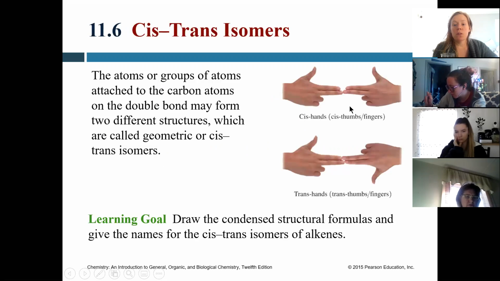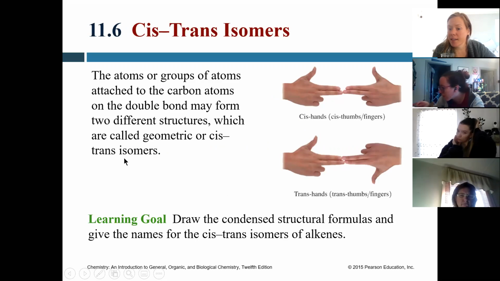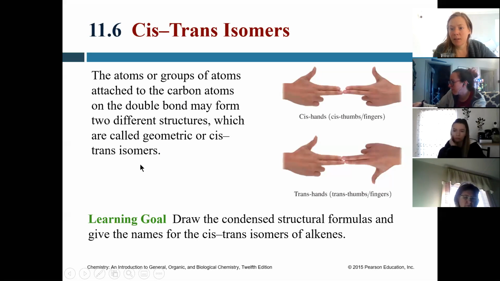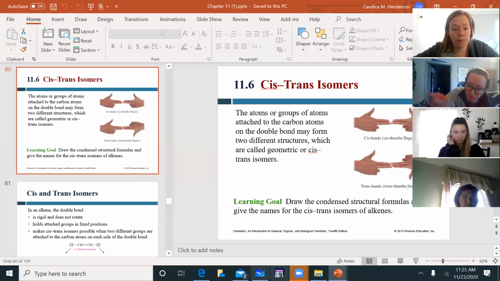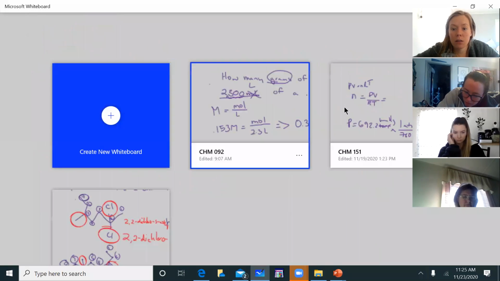All right, so when we're looking at things that have double bonds, remember how I said with single bonds the structure could rotate around itself and it was completely fine? So single bonds, you can rotate. Double bonds and triple bonds, you do not have the freedom to rotate around a structure. So I'm going to go over here for a sec and just draw.